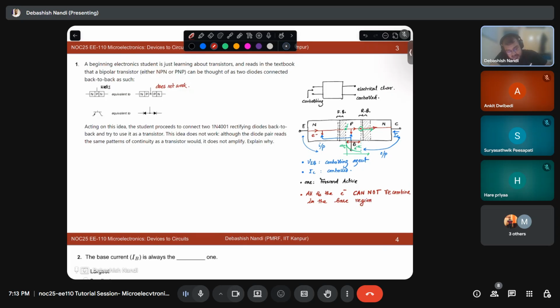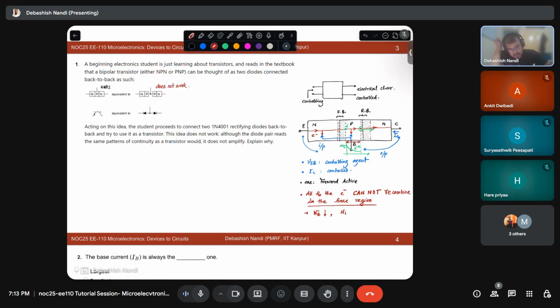So this leads us to make sure that the width of the base region is reduced. These are the design constraints that this phenomenon puts on the fabrication people. They need to make sure that the base width is very small, so that the recombination in the base is lower. And what are the other constraints?